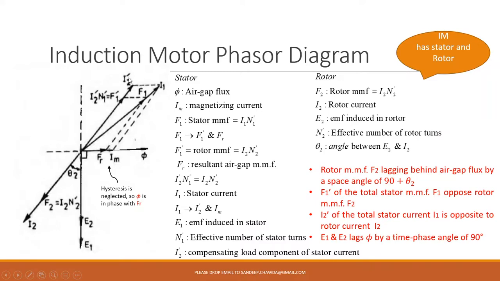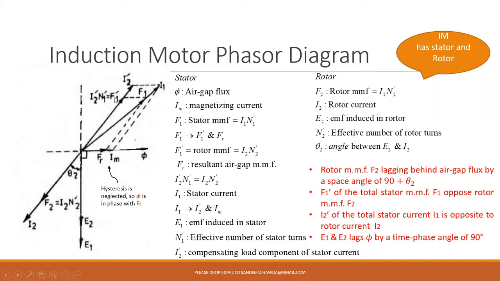Here I2 dash will be opposite to I2, and it is the load component of the stator current. So it will be drawn opposite to this I2.